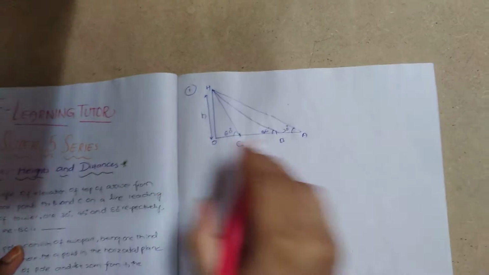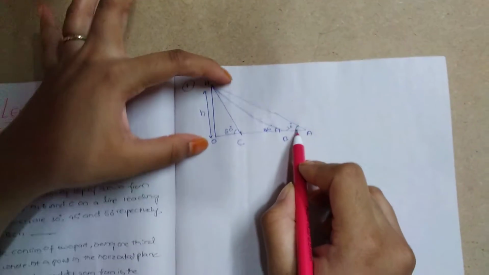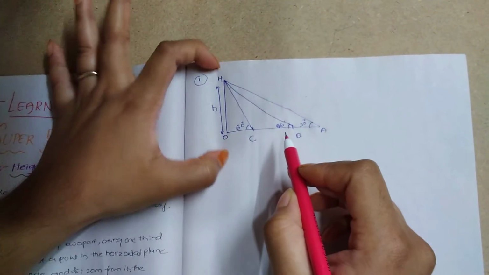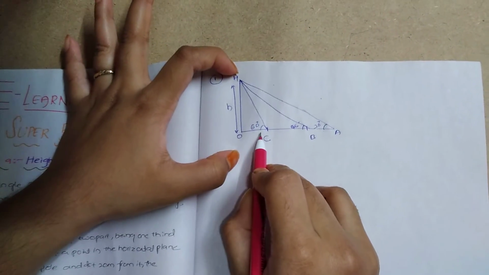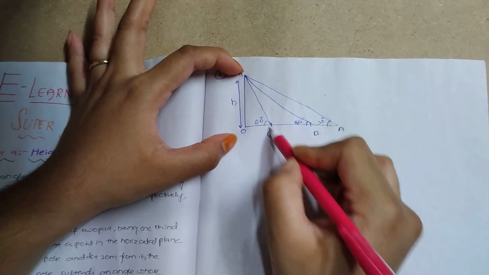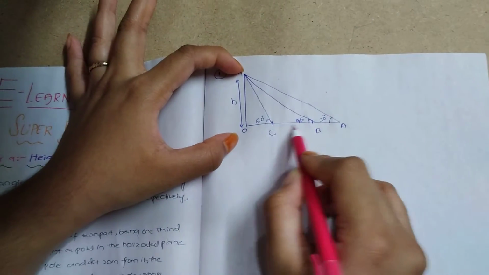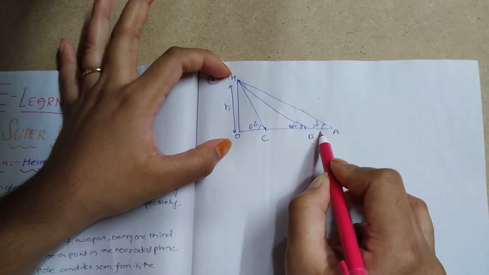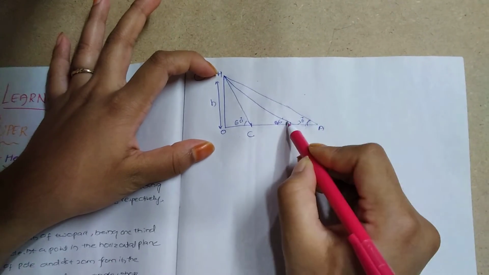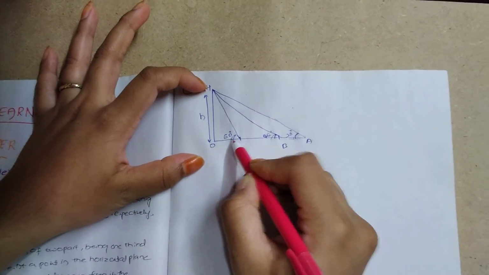Got it? Why did we write it like this? Because 30 degrees will have more slant height compared to, see this height. Got it? See, 30, 45, 60. Got it?